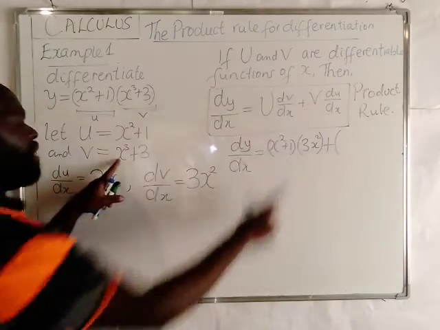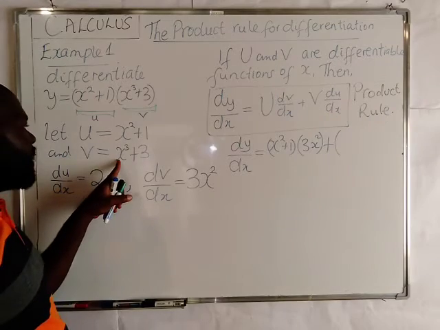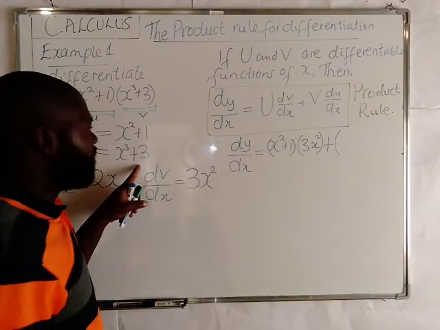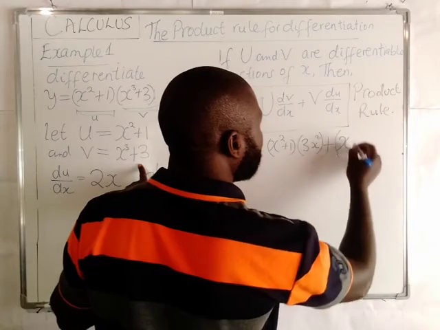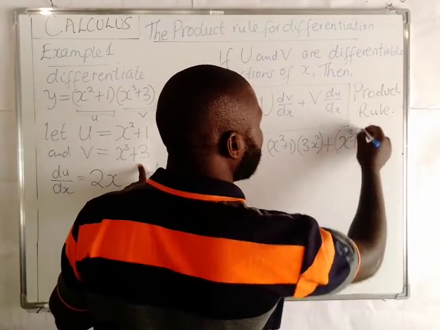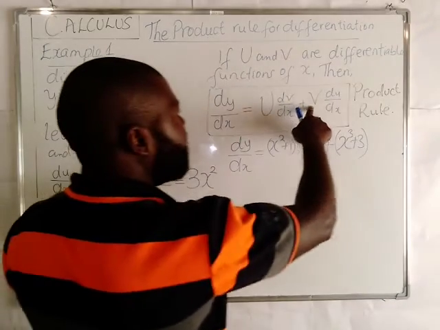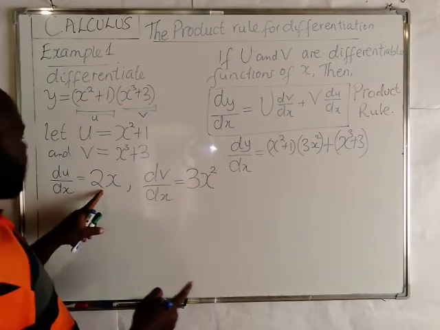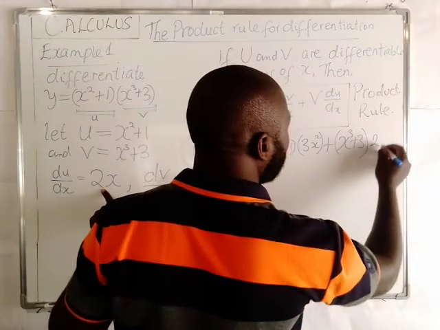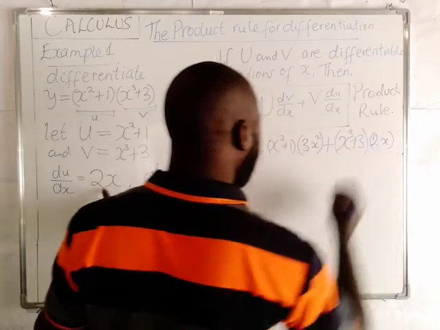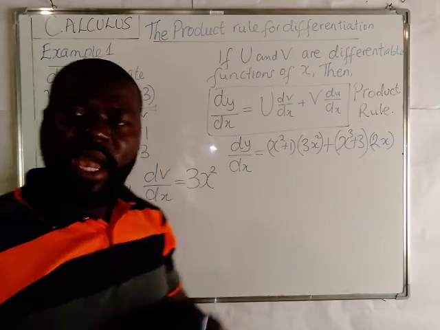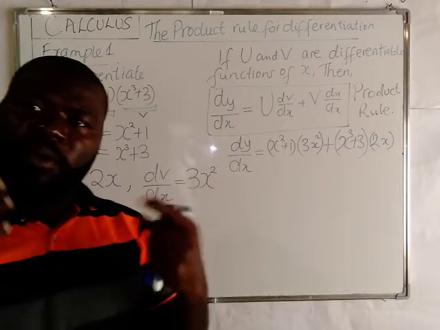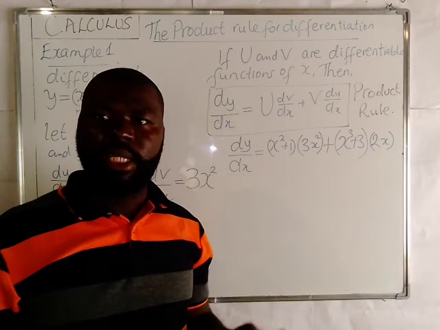Which one is our v? Our v actually is x power 3 plus 3, times du dx. Which one is our du dx? It is 2x. Okay. So we have substituted the four quantities in the product rule.